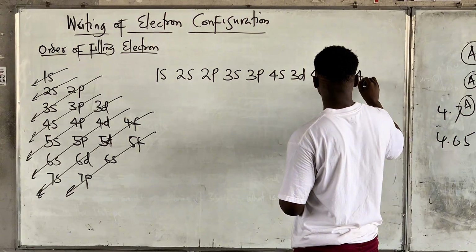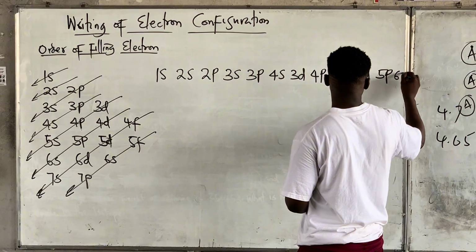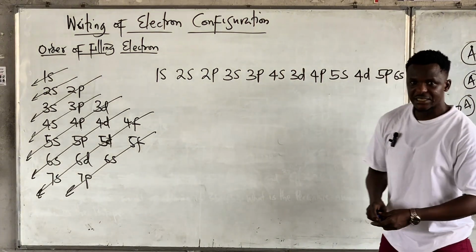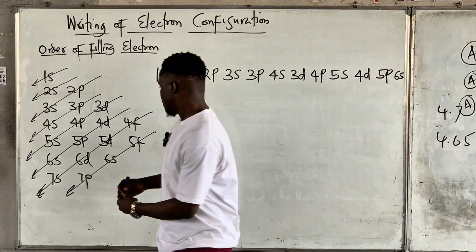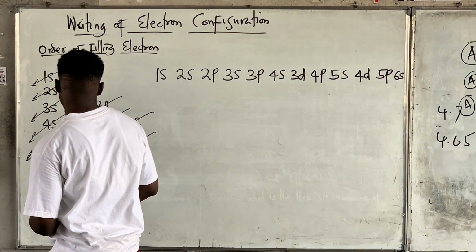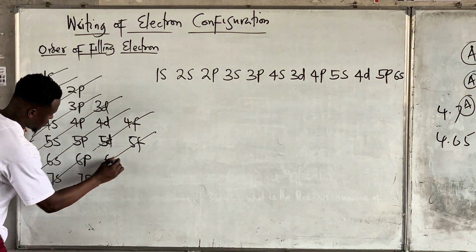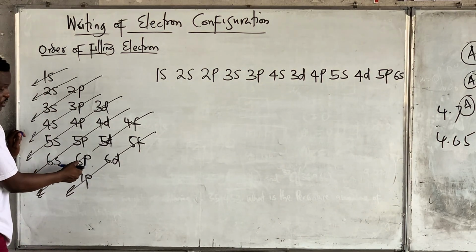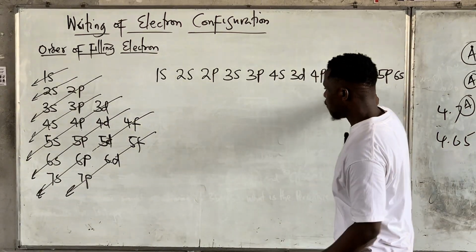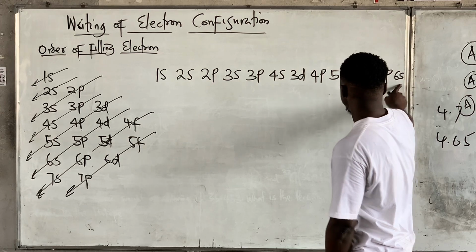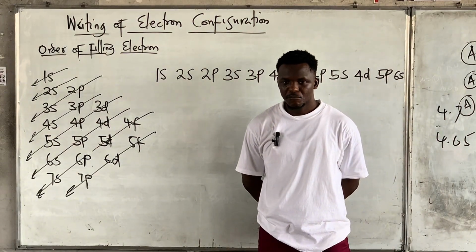After 5s, you have what? 4d, 5p. So that's how it is. After 5d, yeah. Sorry, please, this is 6p. 4d, 5s, 6s. So that is how we write electronic configuration, right?